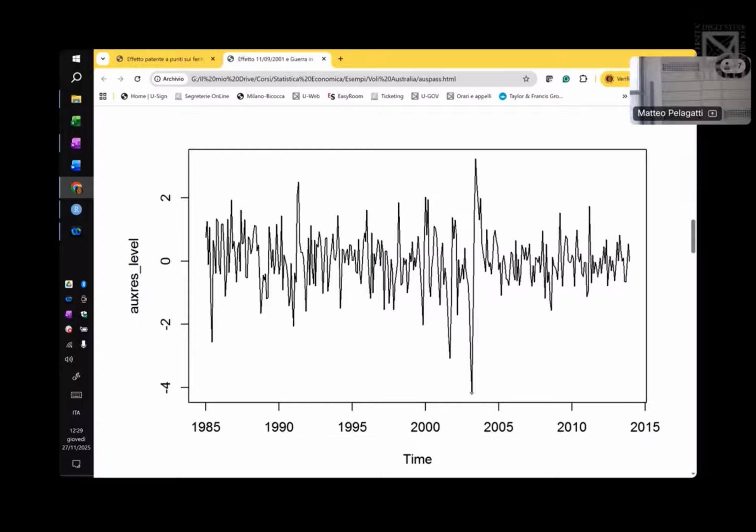So this could be indicating what I've just said: there is an effect, but this effect eventually goes back. And you see it in the disturbance as well. You can see also for 9/11 it's even quicker. This is the downward jump here, and here are the upward jumps that make the time series go back to its initial level.